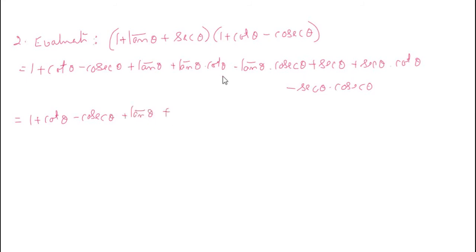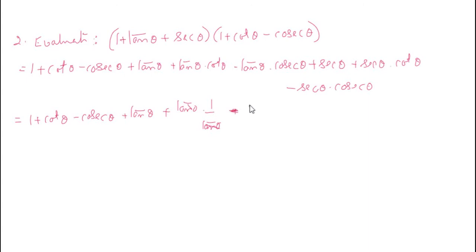Now tan theta into cot theta is 1, it cancels, plus 1. Next tan theta into cosec theta. So this is not plus, this is minus.